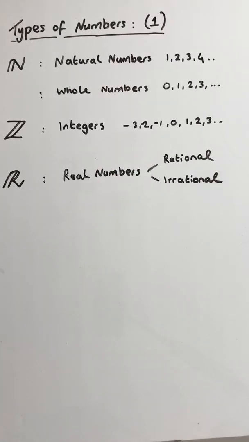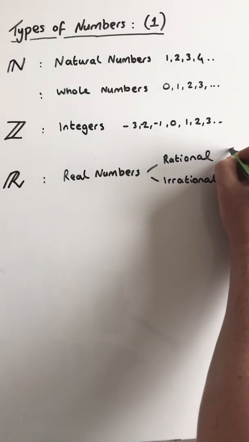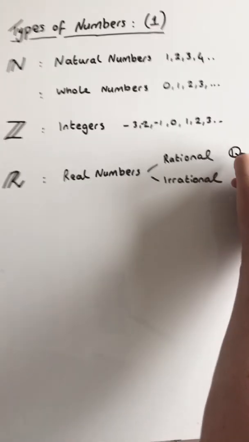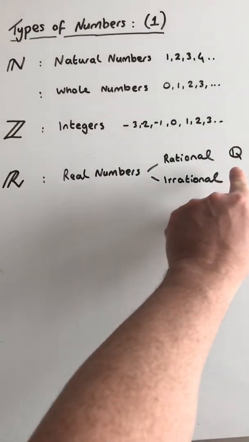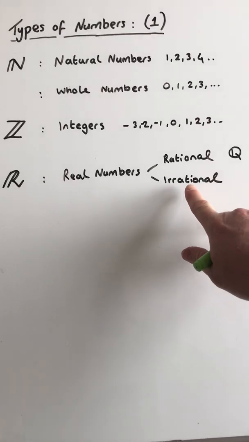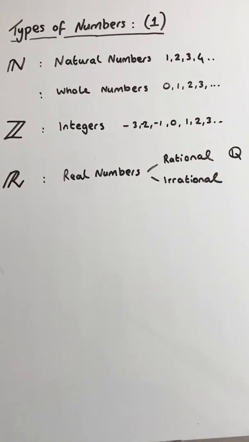Rational numbers are numbers which can be expressed as a fraction. That set of numbers is denoted by Q. Now, irrational doesn't have a symbol as such. If they are not rational, then they are said to be irrational.